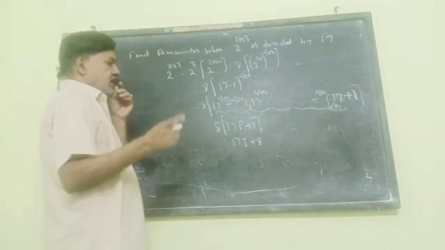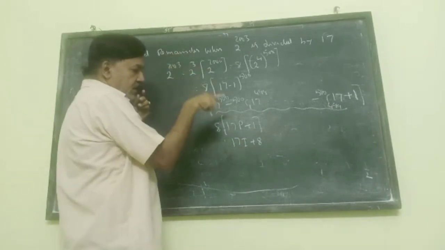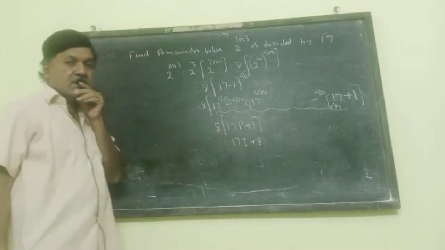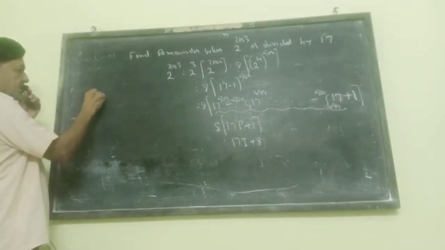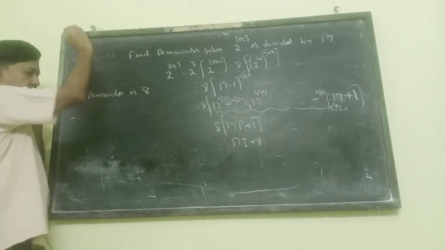When you divide this with 17, what is the remainder you are going to get? 8. So the remainder is 8.